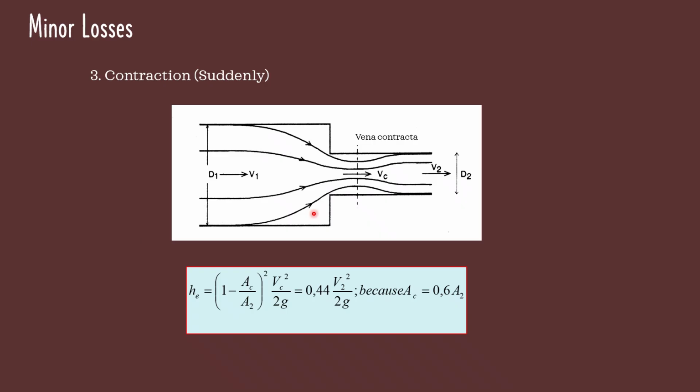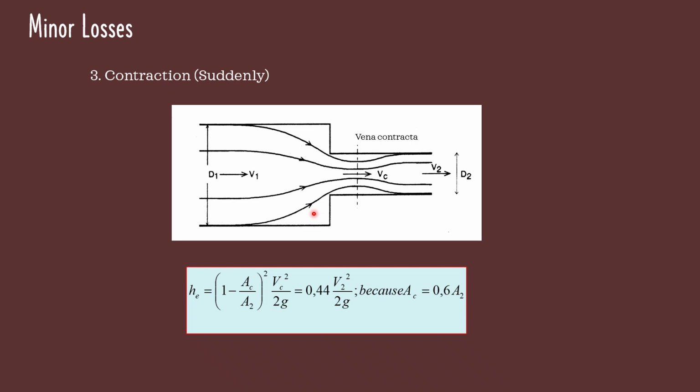We know if the water flows from a big diameter to a small diameter, or if we see the water flow from the pipe, before it falls, the diameter of the flow will have contraction, so the diameter will be smaller than the pipe.